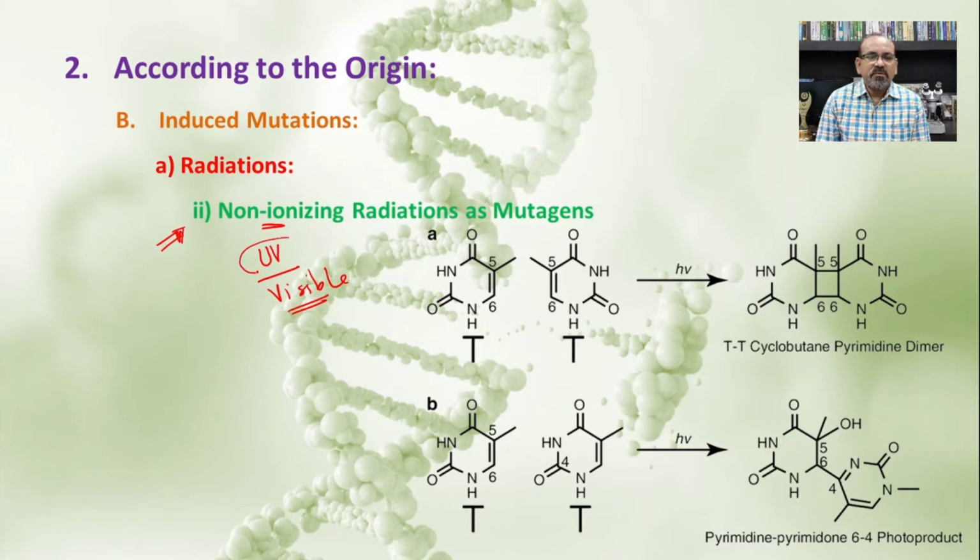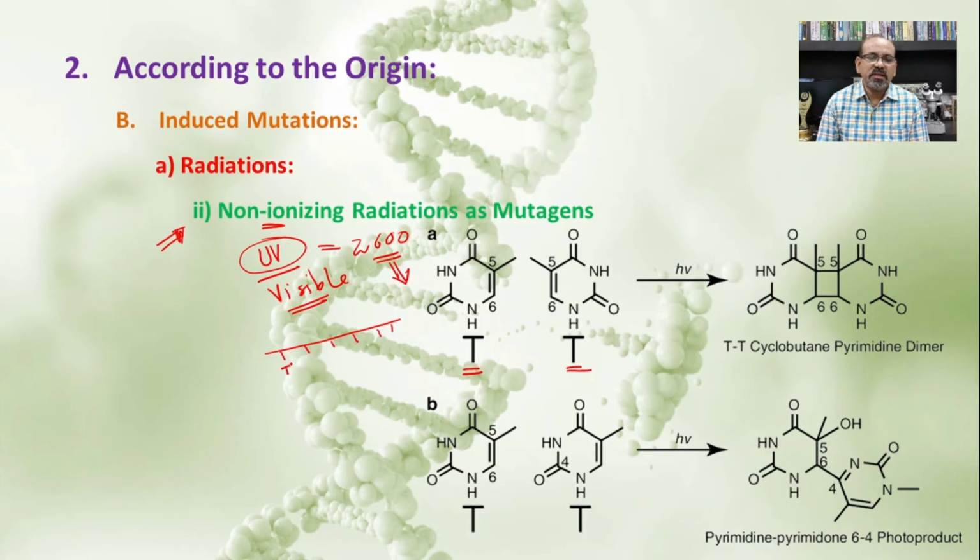If we see ultraviolet light, at a wavelength of around 2600 angstrom it is responsible for acting on the DNA, and on the different nitrogen bases like thymine present on a single strand. For example, this is the DNA strand and these are the nitrogen bases.